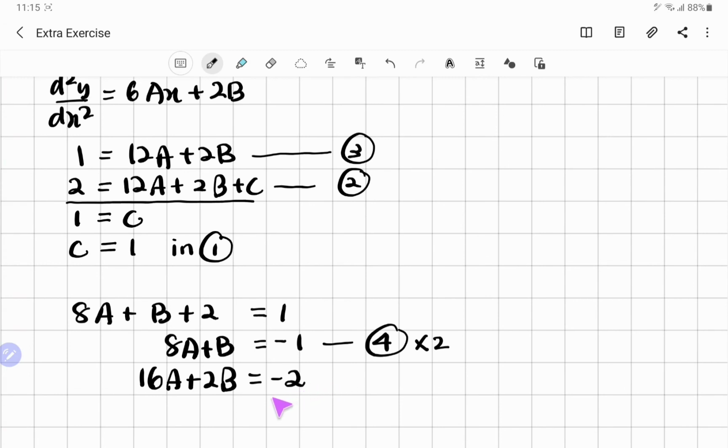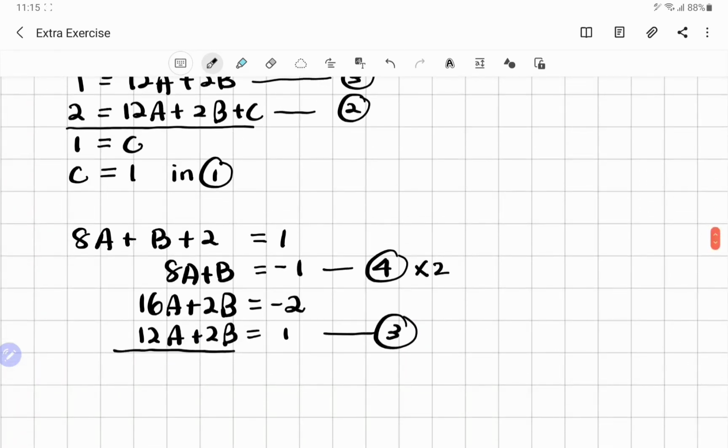Then we're going to use the third equation again: 12a plus 2b equals 1. Let us subtract these both. We're going to get 4a equals negative 3. Then a equals negative 3 over 4.